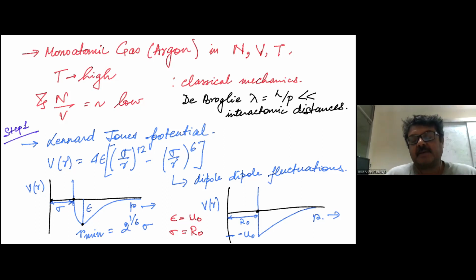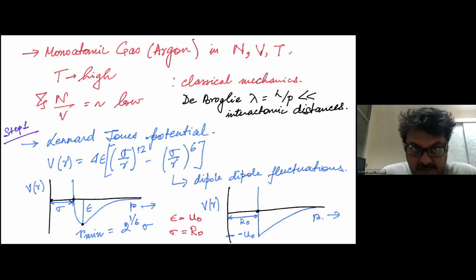The potential energy was zero. That made the calculation simple because we had to evaluate a set of Gaussian integrals, and the integral over dq, the position coordinates, gave V to the power N.